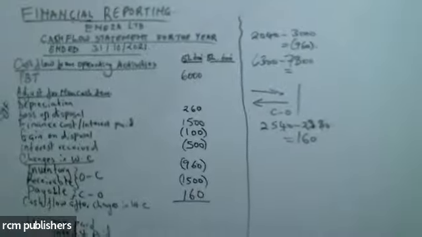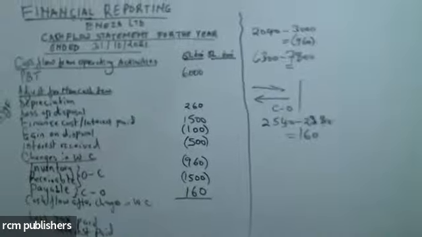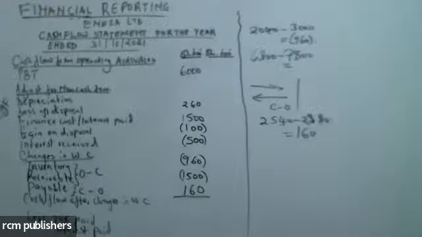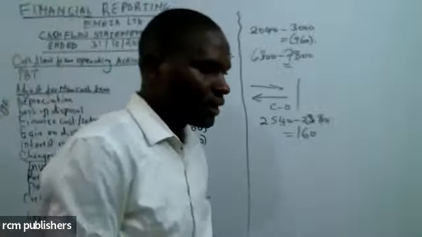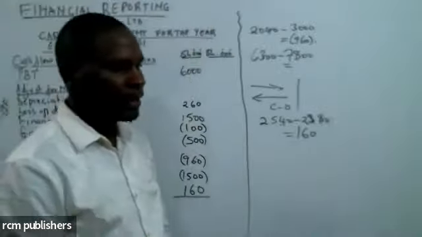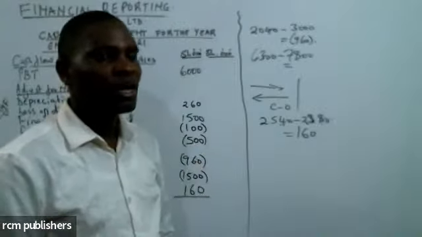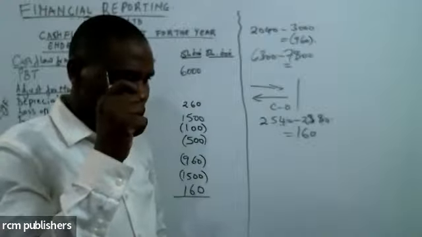For the tax class, rush to the current liability section, because if tax was not fully paid, it is recorded under what? Under current liability. So can you rush to the current liability and tell me whether we have a tax component?